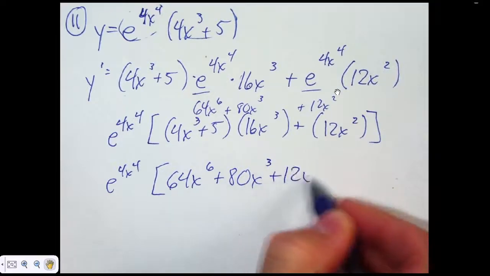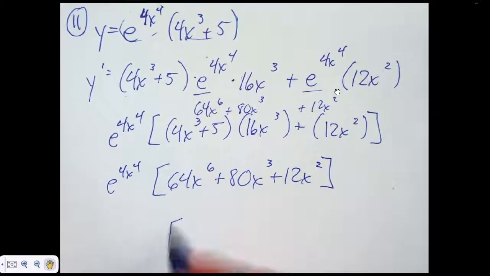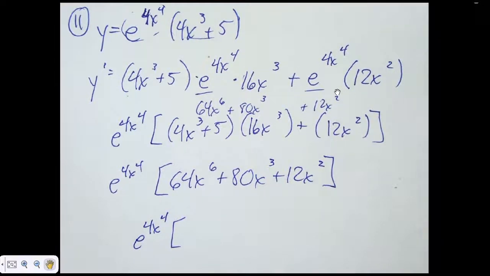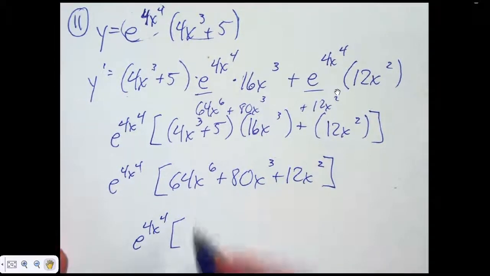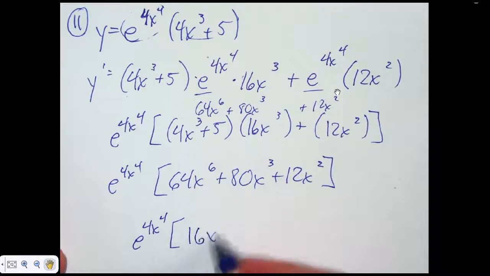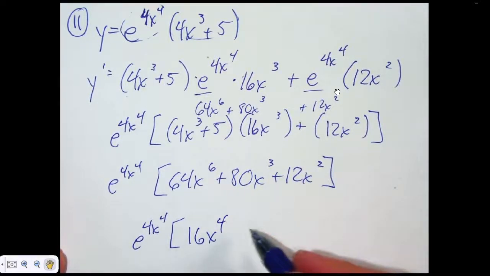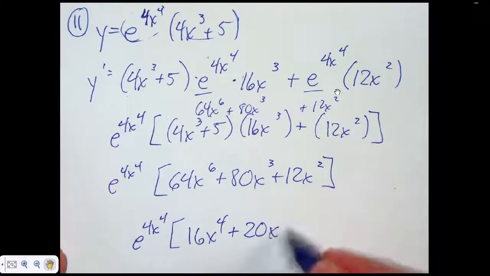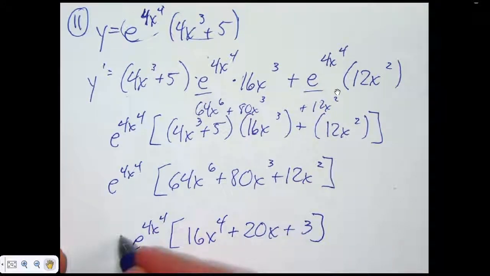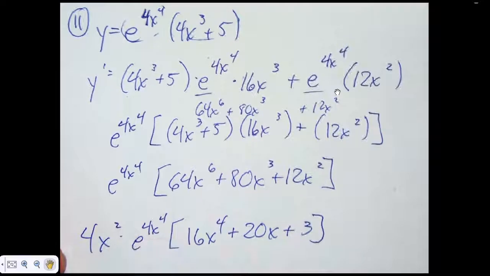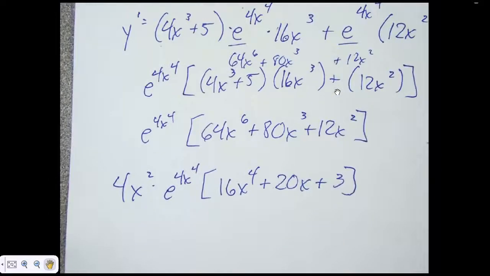So you wouldn't be responsible to do this, but you should be able to understand what they did if they made this 16x to the 4th plus 20x plus 3 with a 4x squared out there. You'd have to take out the e.